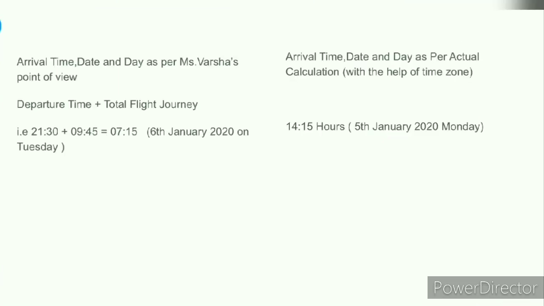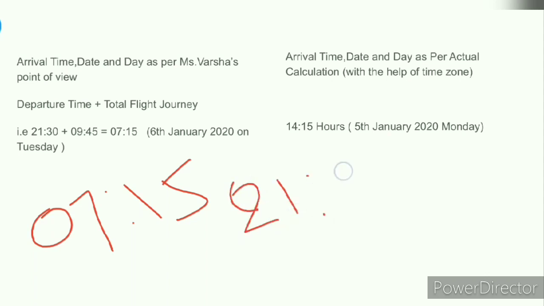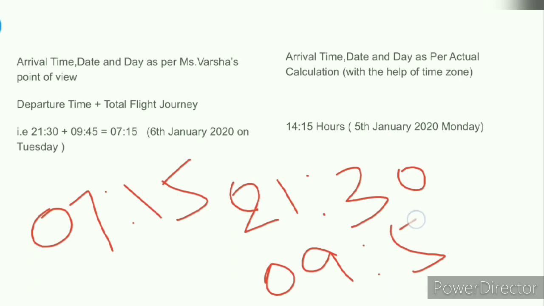So as per Miss Varsha's understanding, from her point of view, she should reach the destination at 7 hours 15 minutes. And how has she calculated? She has added the total flight journey to the departure time, that is 21 hours 30 minutes, and she has added 9 hours 45 minutes to the departure time.